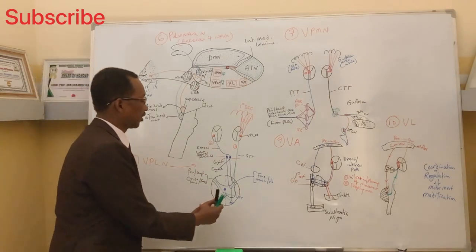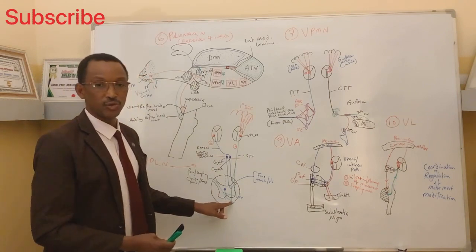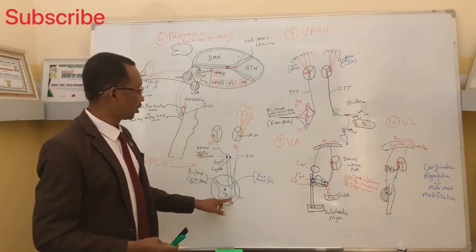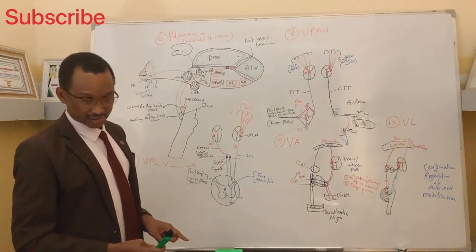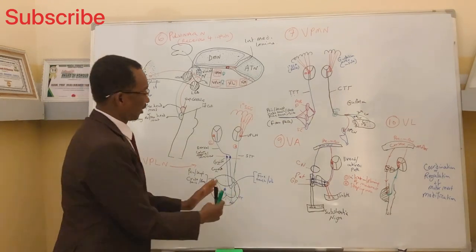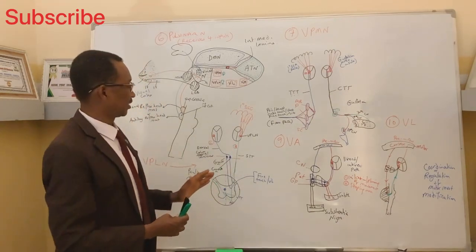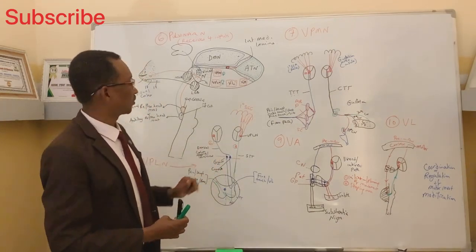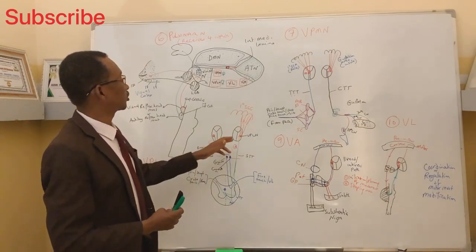So the two tracts ascend, one within the anterior white column of the spinal cord, the other one, the lateral spinothalamic tract, lies in the lateral white column of the spinal cord, and the two tracts now ascend up to form a single tract, that is the spinal lemniscus, which finally reaches the ventral posterolateral nucleus of the thalamus.